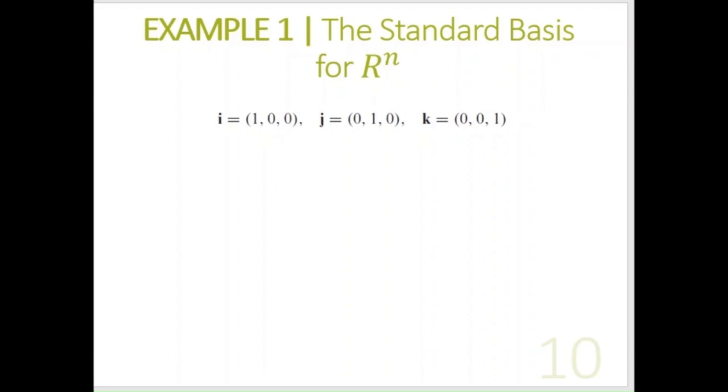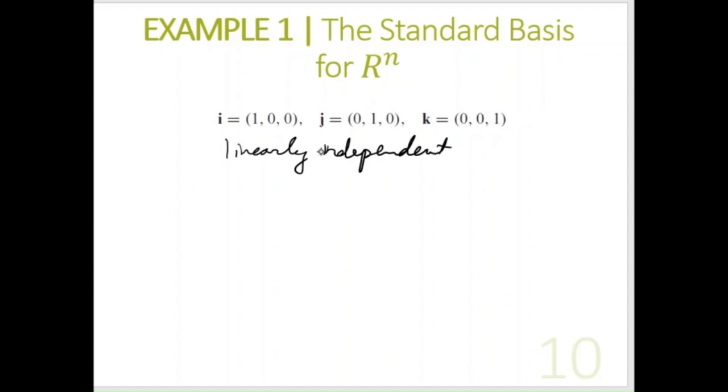So let's look at example 1. Just realize that that has listed your standard unit vectors. And so for this, you're going to want to take notes of a particular way of notating the standard unit vectors. Obviously, we've seen from previous sections and examples that they are linearly independent.